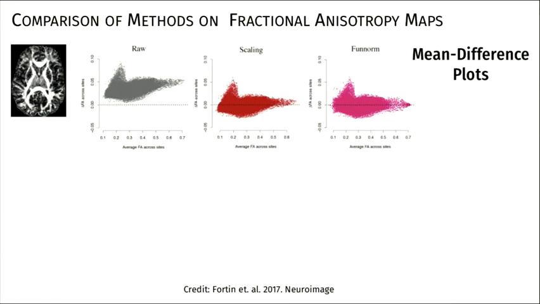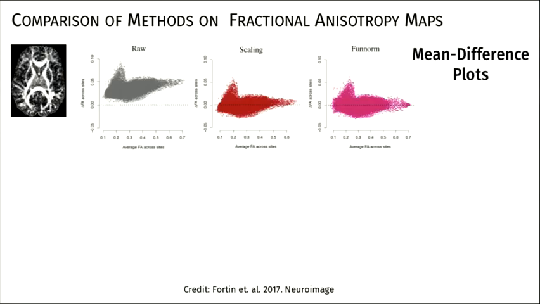This is a recent paper by Fortin et al. in Neuroimage. It looked at DTI data, trying to harmonize scanner variation in DTI. It applies correction on 3D maps of fractional anisotropy, and we are looking at the Bland-Altman plots that I mentioned earlier.